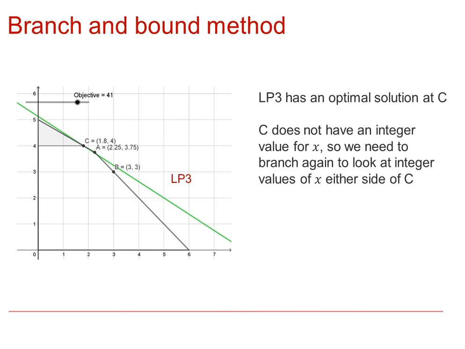And we can see that this has a higher objective function value of 41, but with the optimal solution at C. But C does not have integer values for x, so we need to branch again to look at integer values of x either side of the C value, 1.8.